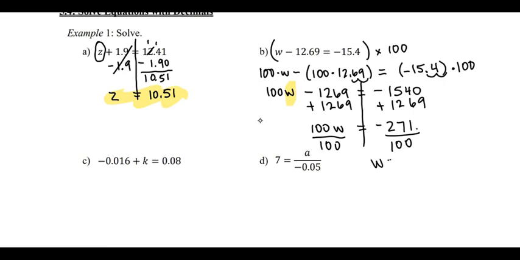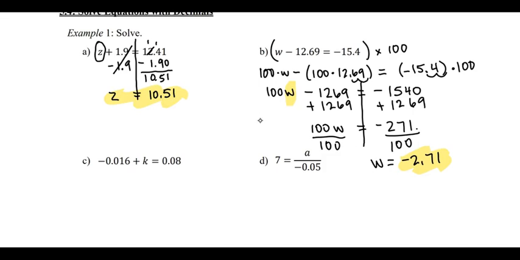So the final answer is W equals negative 2.71. We started with decimal numbers, we cleared the decimals, and the answer is still a decimal number. So that is one way of clearing the decimals by multiplying by a power of 10, so you can work with whole numbers, which some students find easier.